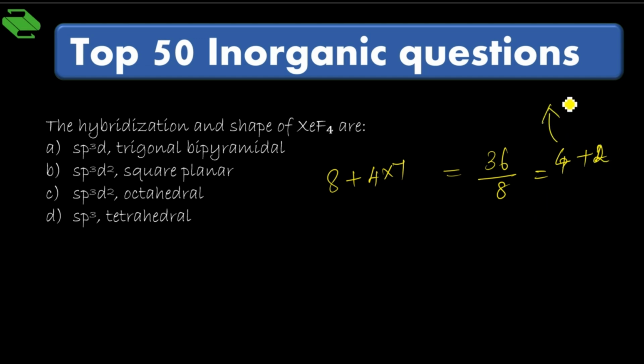Then 4 bond pairs, 2 lone pairs. Correct. So for 4 bond pairs in XeF4, it would be either square planar or tetrahedral. Right. So it would be sp3d2 for the 4 plus 2 configuration.